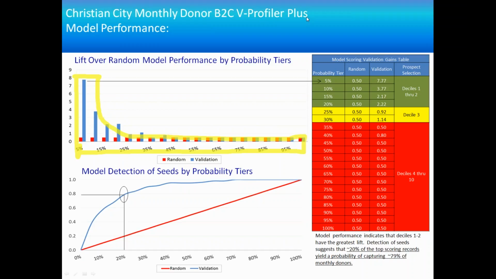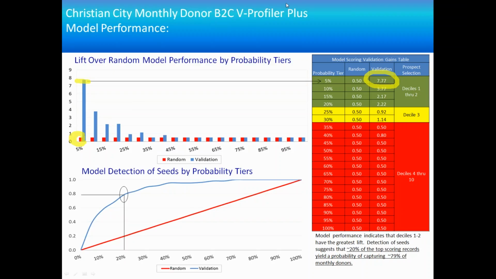Now, to measure the effectiveness of the model, we look to see how much taller each of these blue bars is in comparison to its corresponding red bar. And what we see at the high end of the scale is that this blue bar here is 7.7 times taller than this red bar.